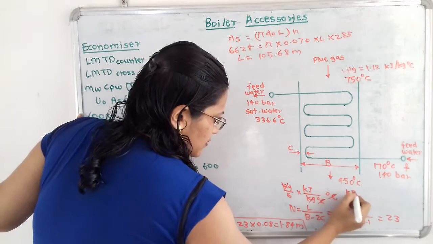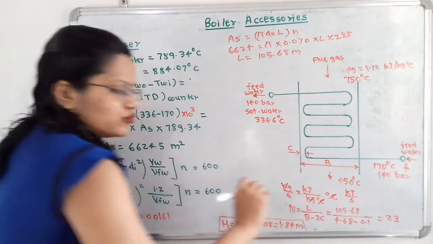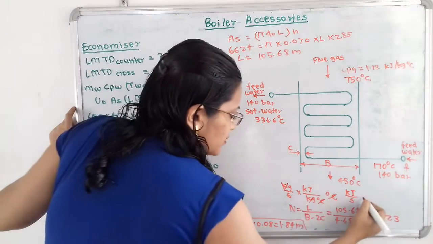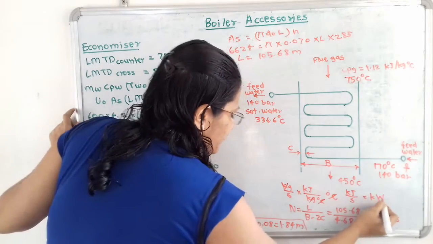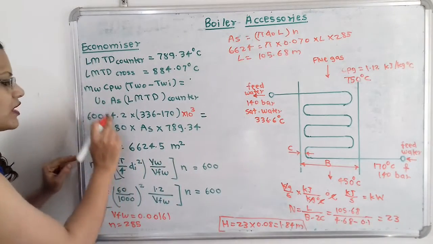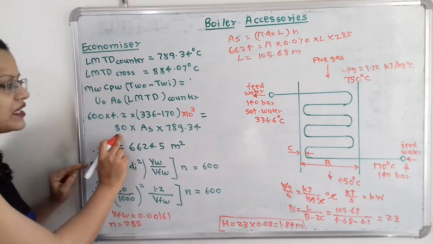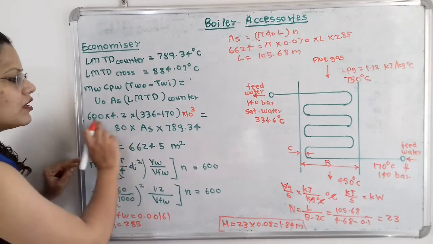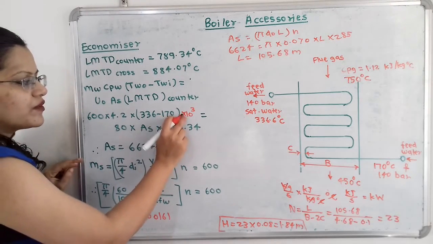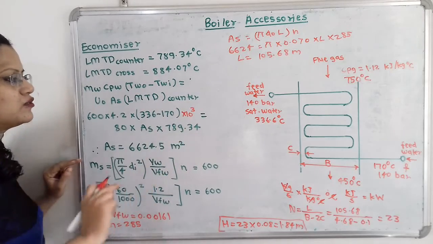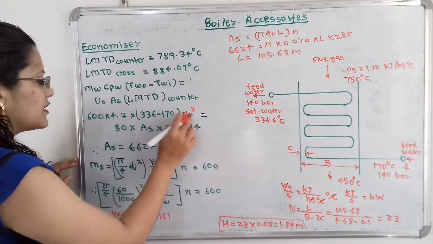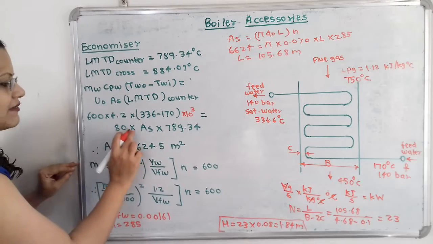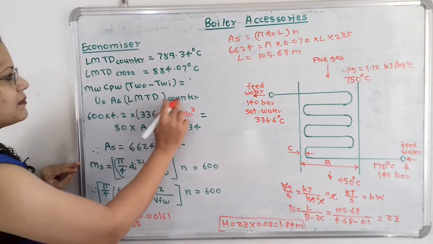Kilojoule per second. Now we know that joule per second, that is watt, so it is equal to kilowatt. But here this overall heat transfer coefficient is given in watt, so we have to also consider this in watt. So we will multiply here with 10 raised to 3, which is equal to this 80 watt multiplied by AS into LMTD counter.